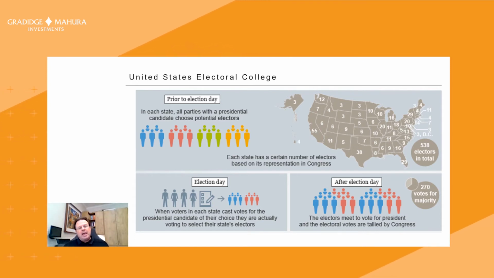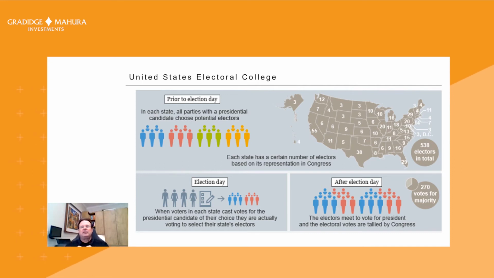Now, do they allocate those 55 seats in proportion to the victory you got? In other words, if you win 60% of the votes, do you get 60% of the 55 seats? No, it's a winner take all. So if you win the California vote by one vote, you get all 55 seats.